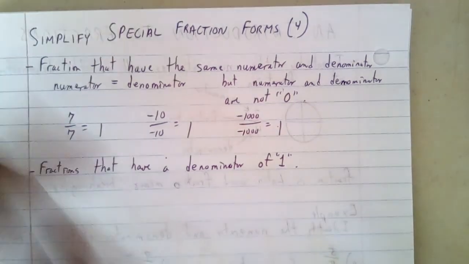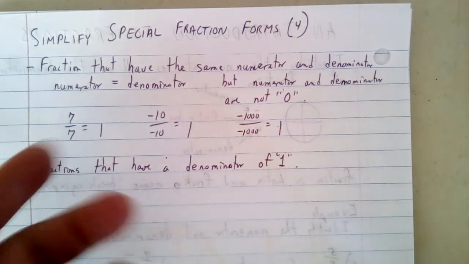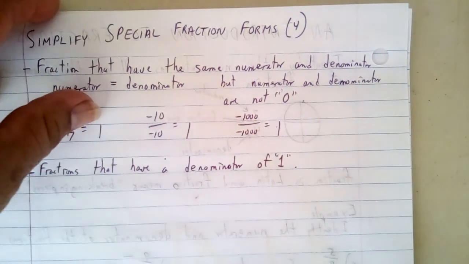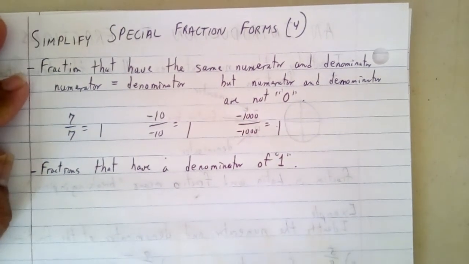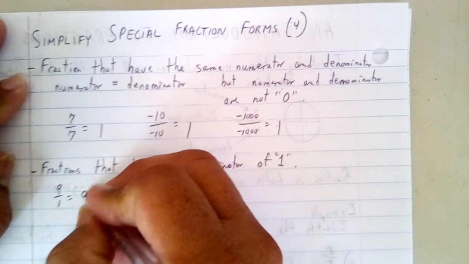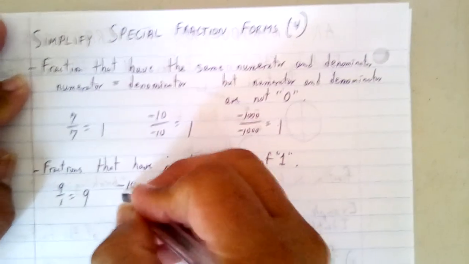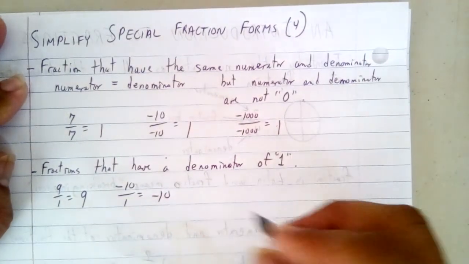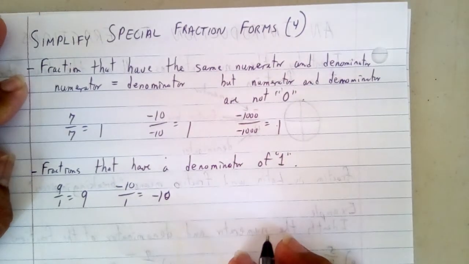In this case, a number divided by 1, in other words, any number divided by 1, the result is simply the numerator. So let's see, 9 over 1 will give us 9. Negative 10 over 1 will give us negative 10.